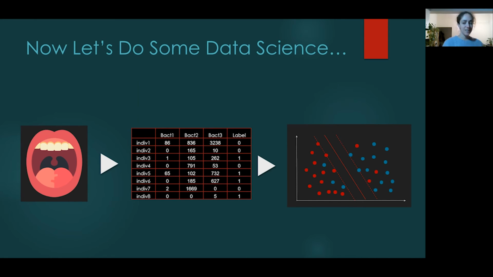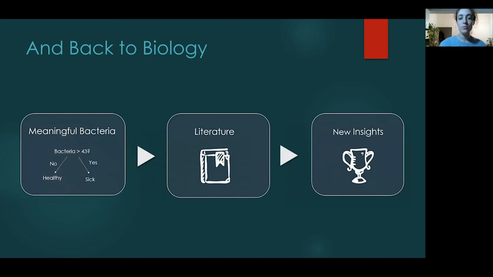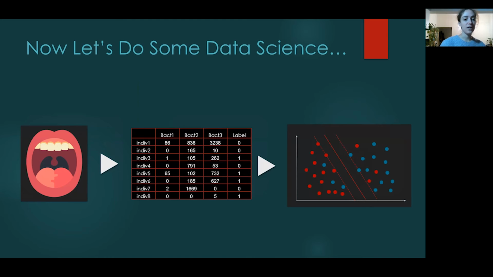But this is pure data science, and I promised you biological insights. So let's go back to biology and see how we go from the data science results to new insights. So if you remember when I showed you the table of the microbiome, I'll show it again now, you can see that our features are basically the bacteria.